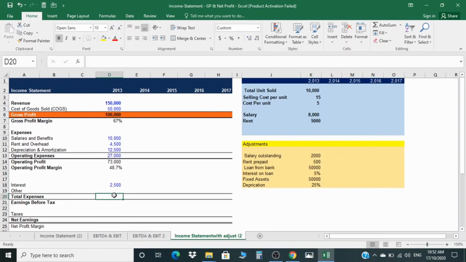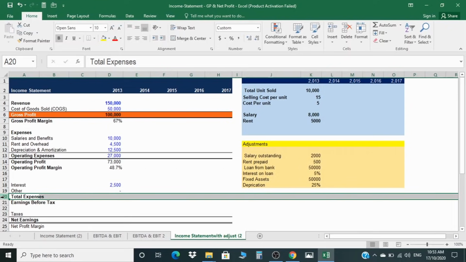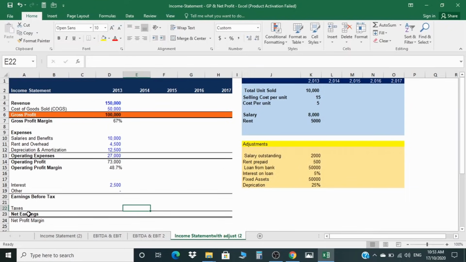Now we'll calculate your interest expense. There is no other expense to worry about. Make it simple. So now this is your interest.